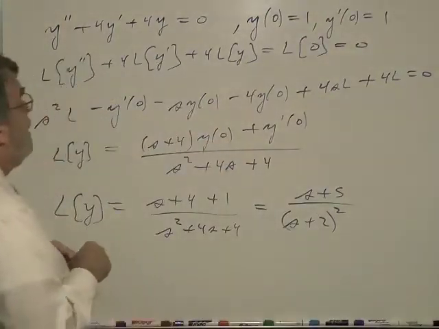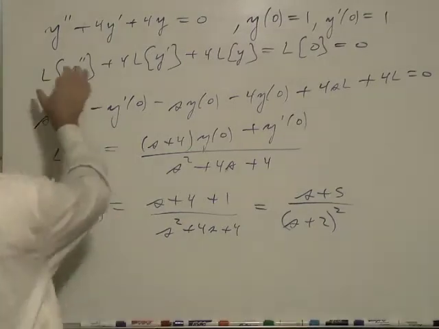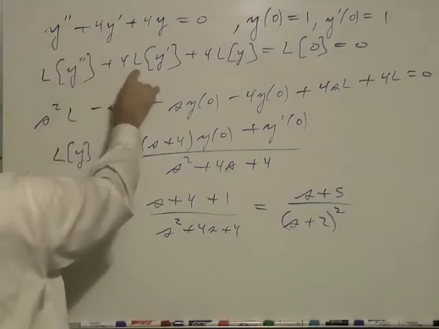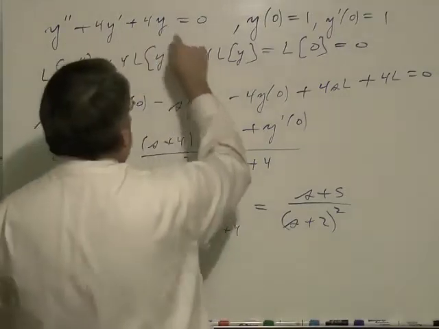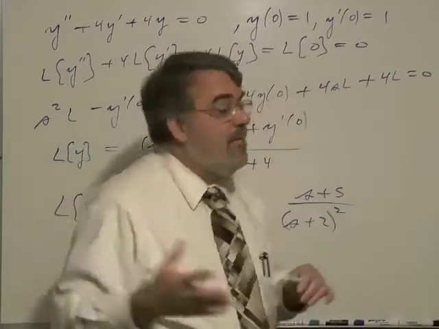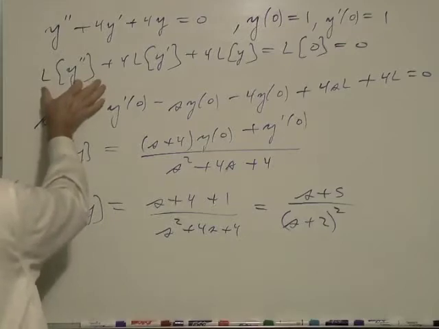So, for example, here I've taken the Laplace transform of the equation: L of y double prime plus 4 L of y prime plus 4 L of y equals L of 0, and the Laplace transform of 0 is 0. And then I looked up what this meant.